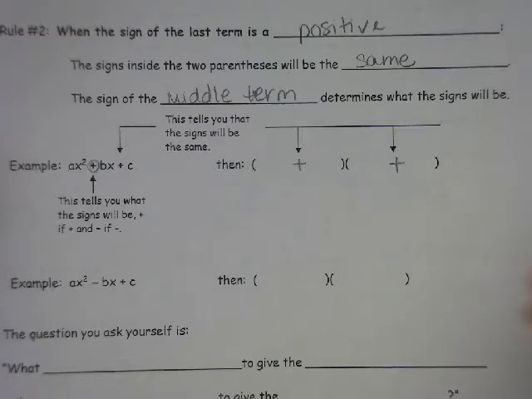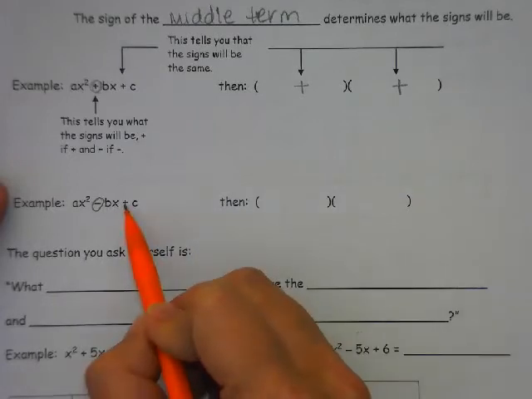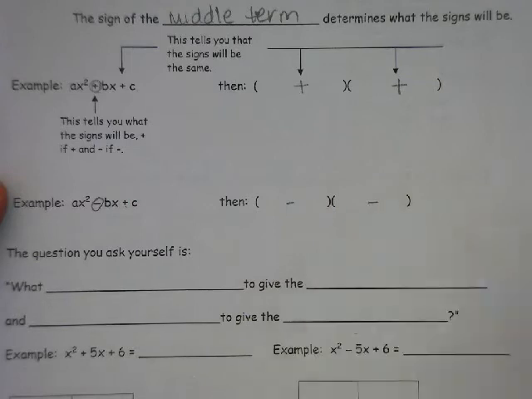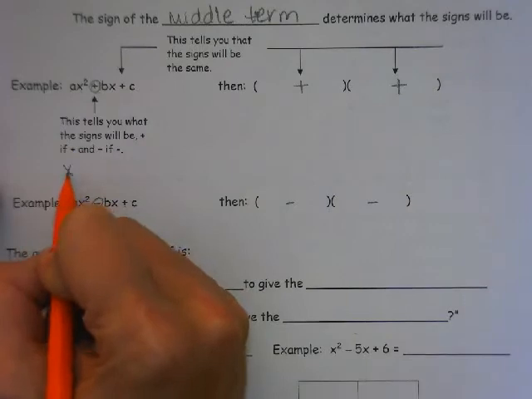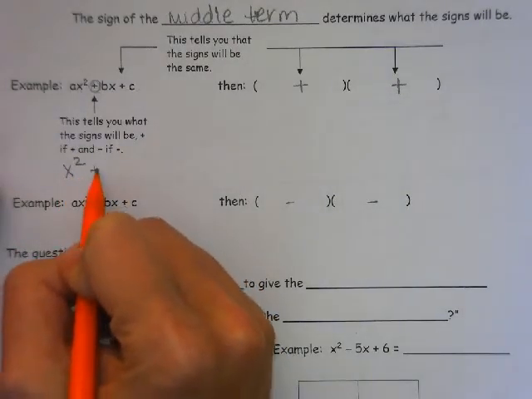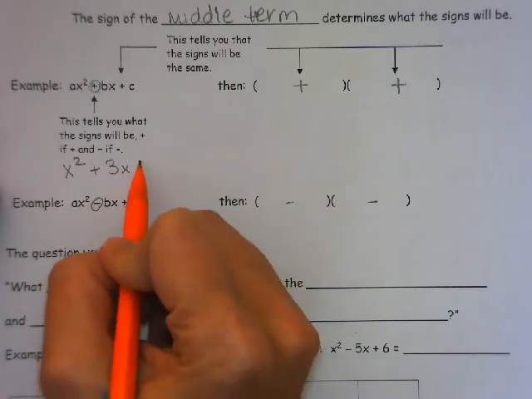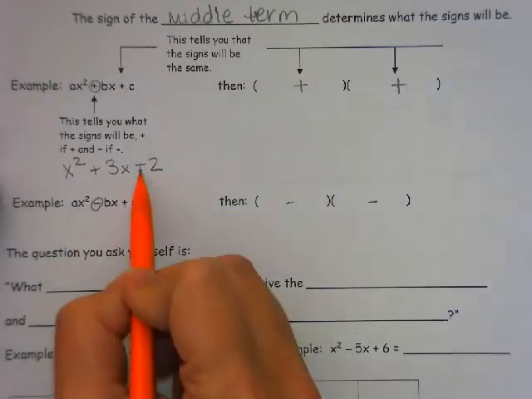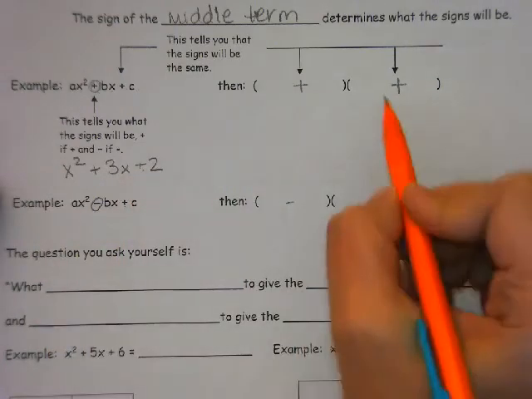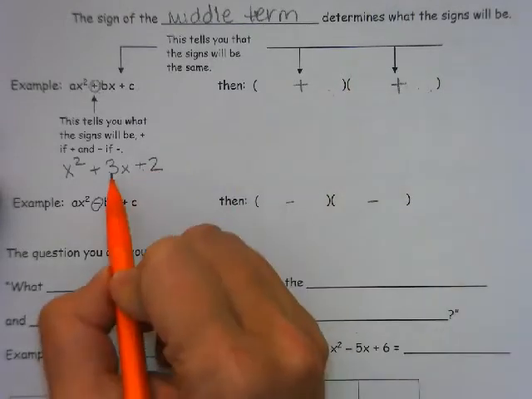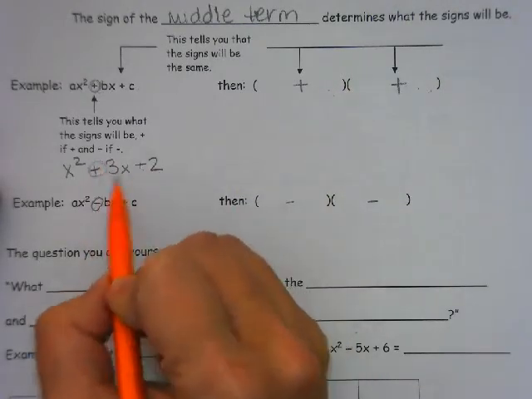If your middle term is a negative, but your last term is a positive, then this is going to be a minus. For example, if I gave you x squared plus 3x plus 2, my last term is a positive, so whatever this is needs to multiply to be a positive, and we're going to look at this when we do the cross puzzle.